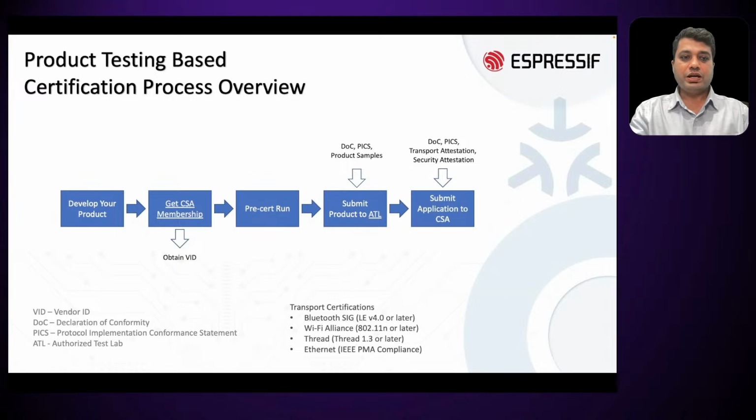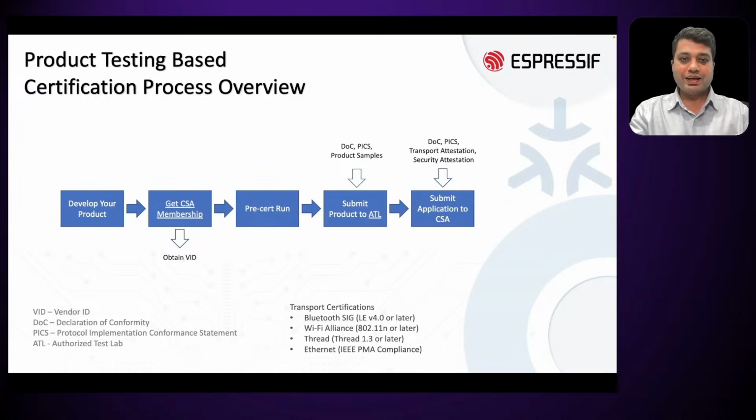In addition to these two documents, you also need to submit transport attestations and security attestation. Transport attestations depend on what type of product you are building, and they are essentially the transport-level certifications. Like if you are building a Wi-Fi Matter accessory, you need to submit the Wi-Fi Alliance certificate as well as the Bluetooth SIG certificate.